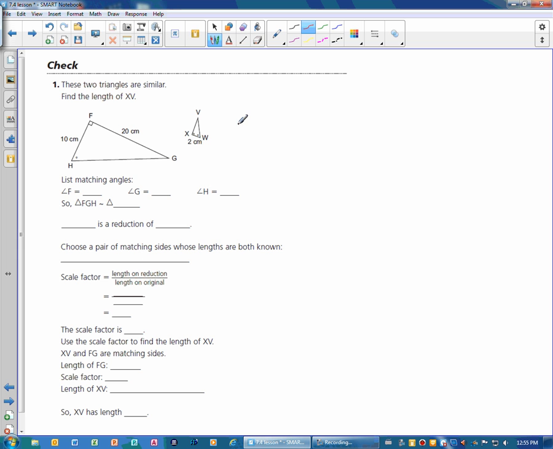So I'm going to go over example number 1. These two triangles are similar. Find the length of XV. I could highlight it, but look at how small it is, that's not that helpful. I'm going to redraw it though. I want to redraw this triangle with this orientation, a little bigger just so I can use it.